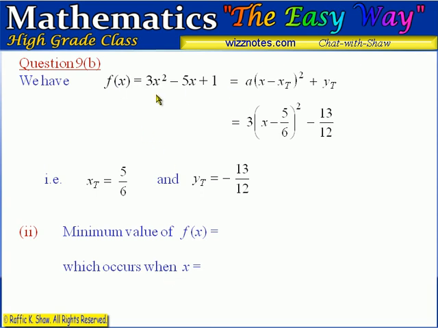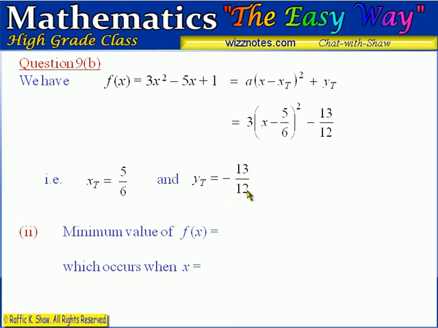Now this quadratic graph will have a minimum value because the coefficient of the x squared is positive, and so this function can only have a minimum value because the expression here can only be positive, and that minimum value is going to be the yt value.